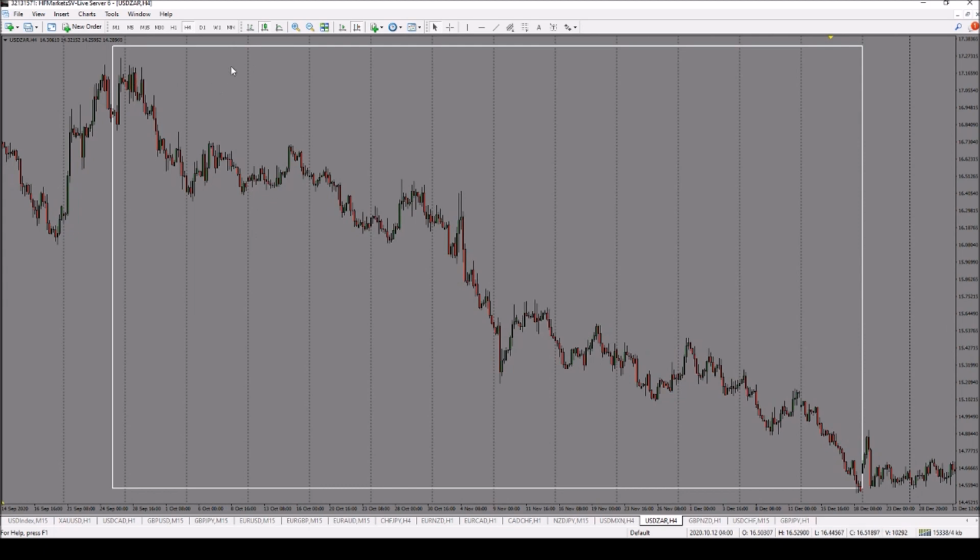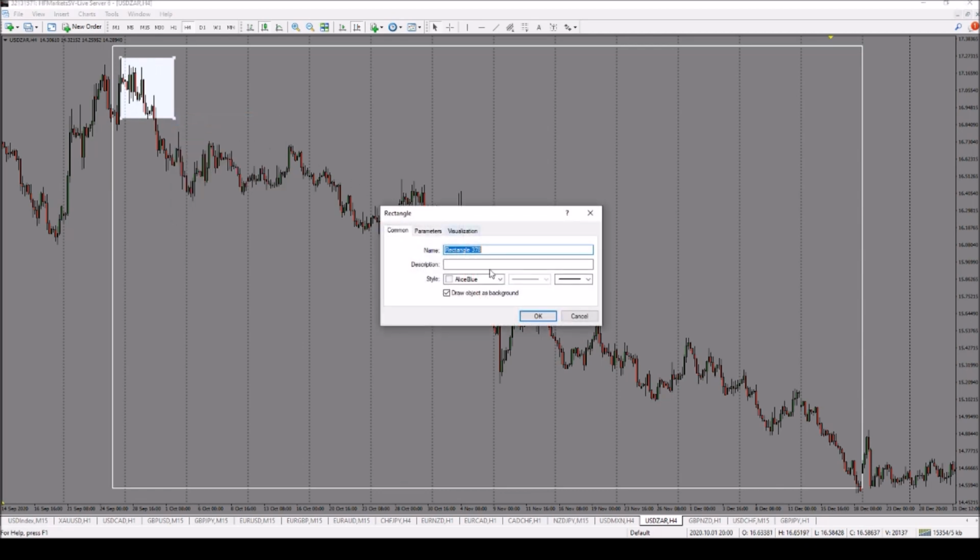As you can see, this is the second daily wave, and I am going to use red rectangles to mark out the H4 waves.